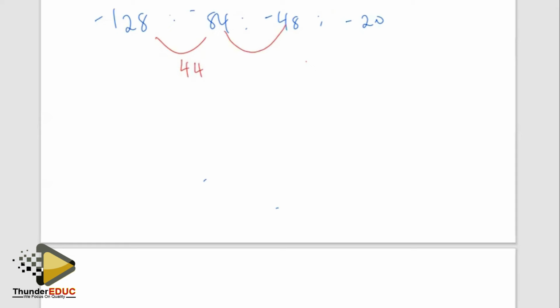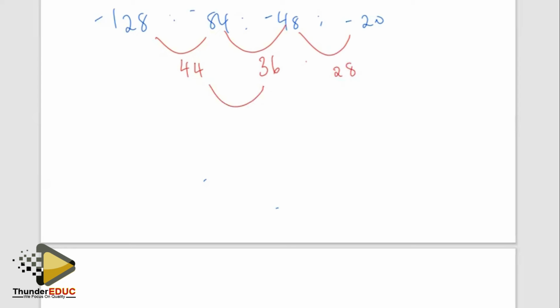I'll do the same thing: negative 48, I subtract negative 84, and we are adding 36. Then negative 20, I subtract negative 48, and I'm having 28.